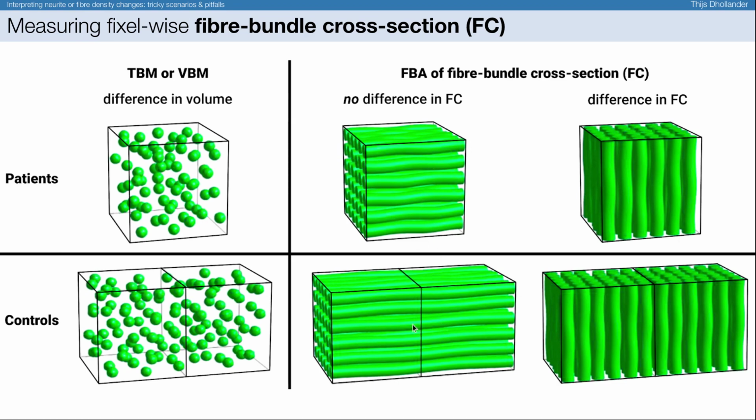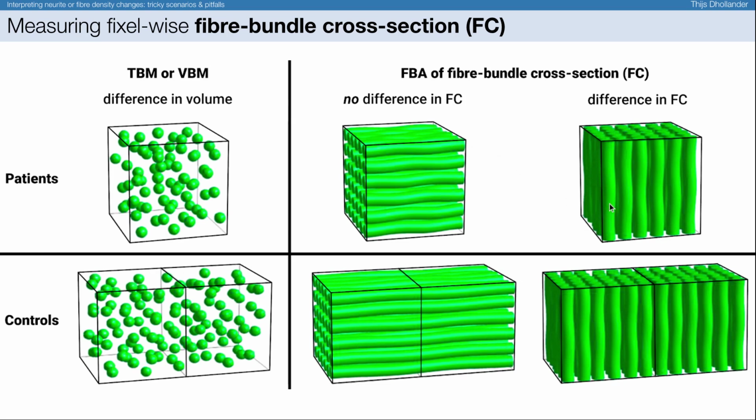Well, no, because the number of axons here and there is exactly the same. The difference in volume here is a difference along the length of the axons, and we don't want to pick that up. And the Fixel-based analysis will do just that. If the difference in volume is along the length of the fibers, it will ignore it, so there will be no difference in fiber cross-section.